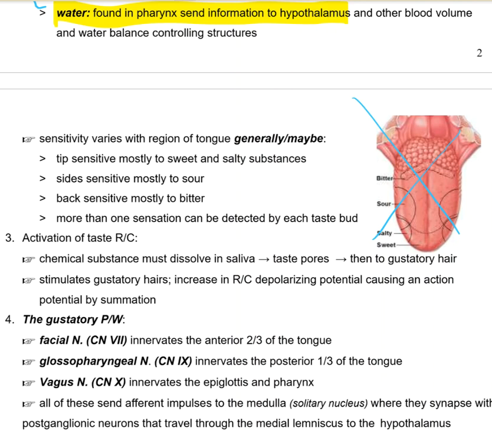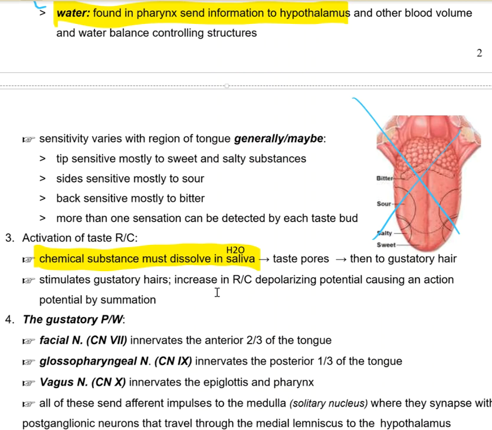But one thing that is important is how we activate these taste receptors, no matter if it's bitter, sour, salty, sweet, umami. The chemical substance must be dissolved in saliva. All right, so saliva is made up of mostly water, right? H2O. And that allows the chemicals to dissolve in the saliva and then enter the taste pores.